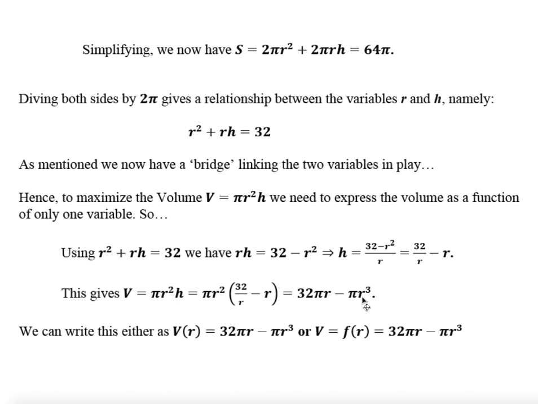So what is this? This, of course, is our volume now, dependent upon or a function of just r, one variable. IB might write it like that, which can look a little bit more abstract and confusing to you. Or they could say let the volume be a function of r. So these are just notational forms that you might have to be reading. You don't always necessarily have to be using them, but you want to try to communicate as best you can.